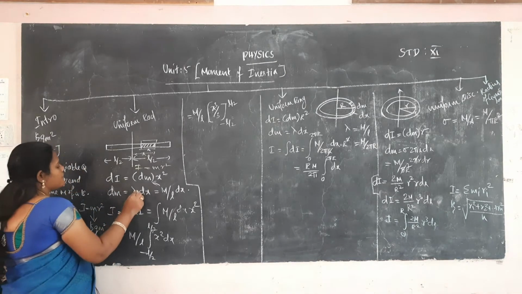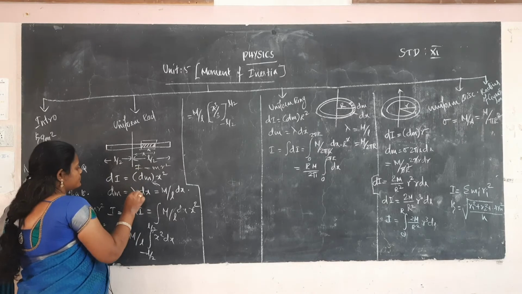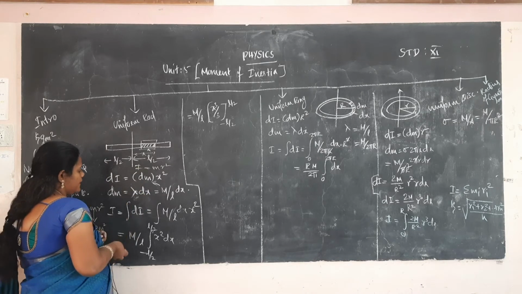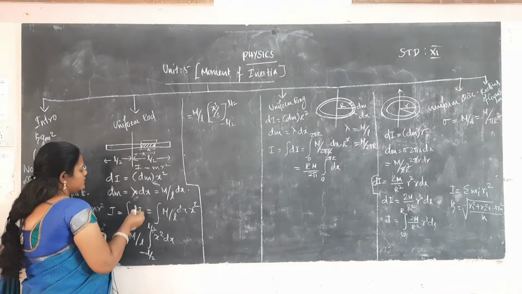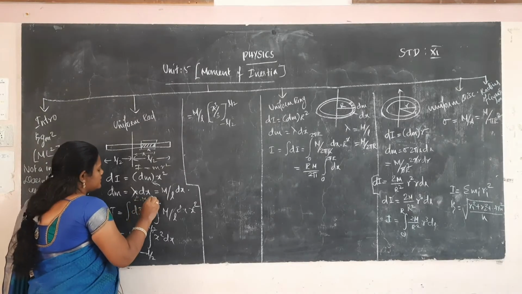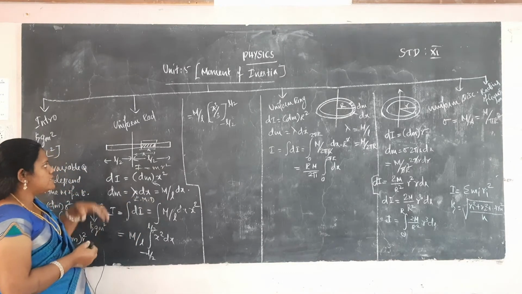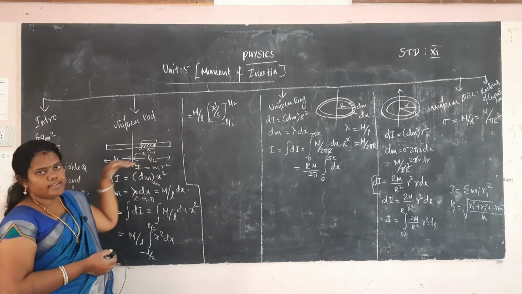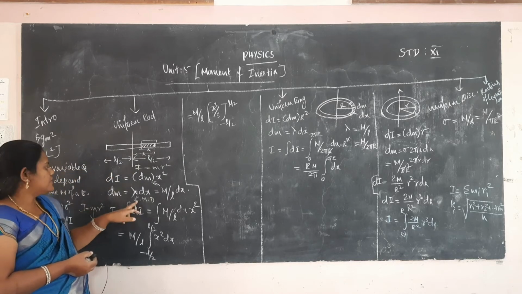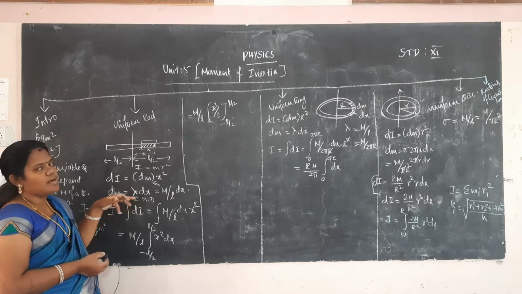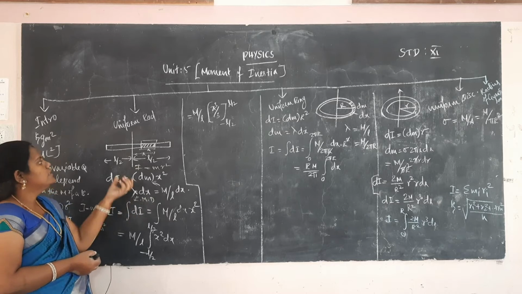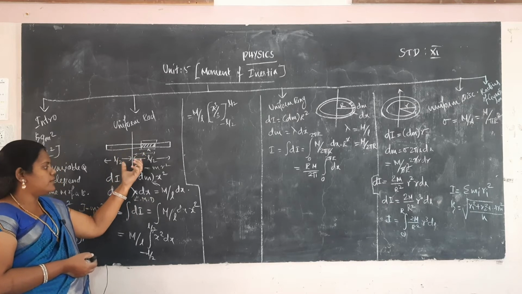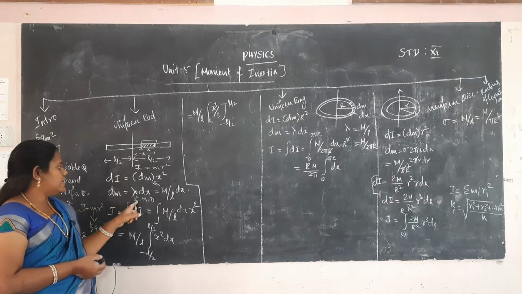Lambda is the linear mass density. Linear mass density means the rod is linear like a straight line, and the mass is distributed along it.